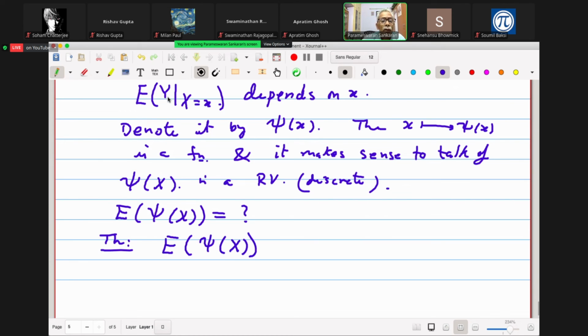You had to have this Y, so you need to have a pair of random variables. So the answer should depend on Y also. It depends on both X and Y. What is it? It turns out that this is the expectation of Y. Yeah, that's correct. Yeah, this is true.